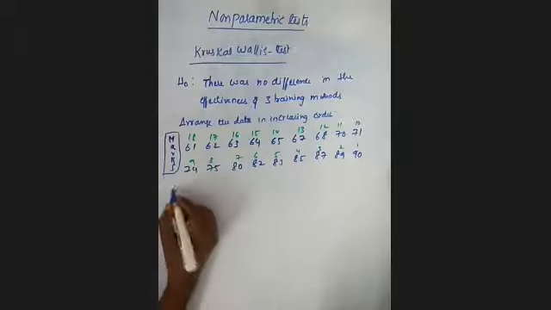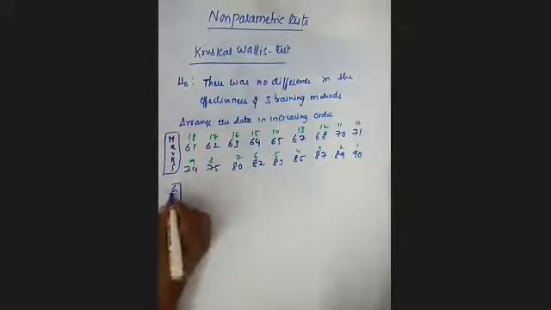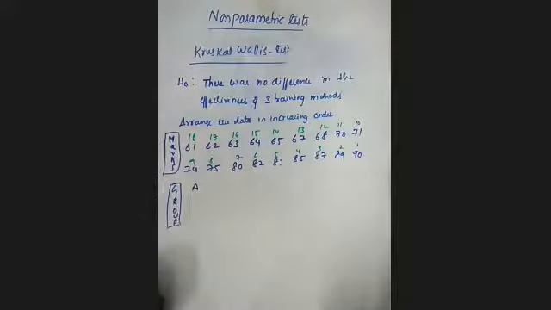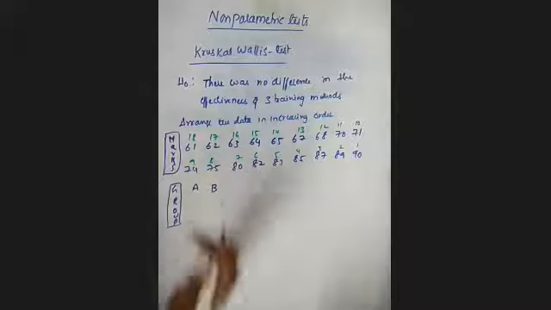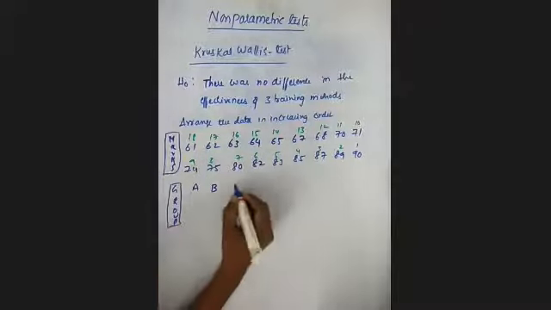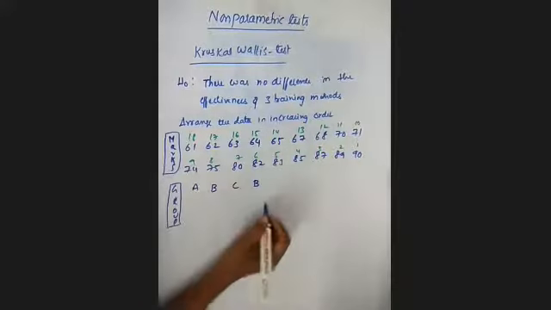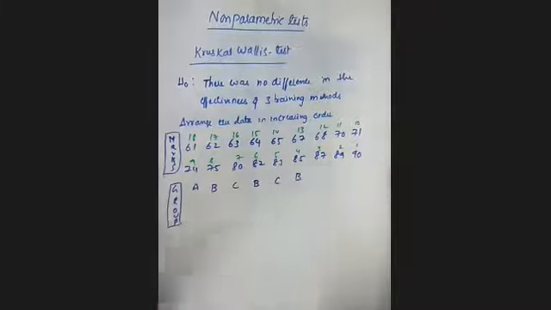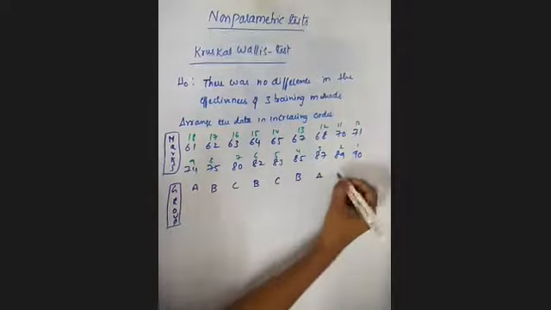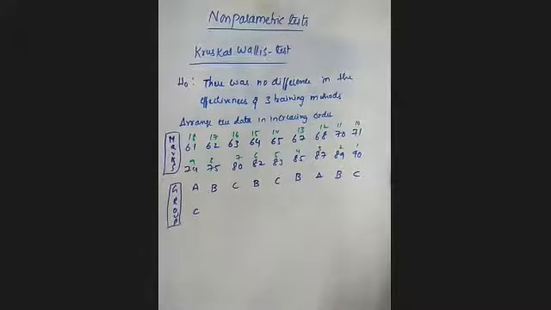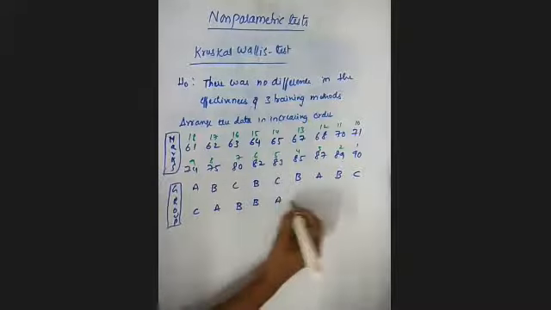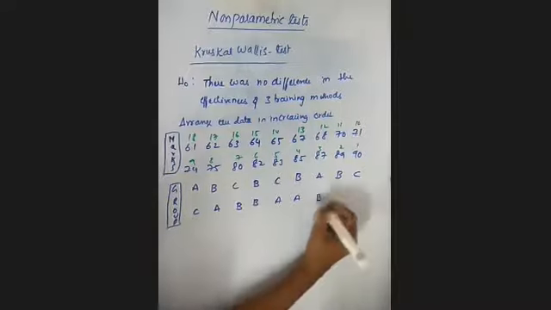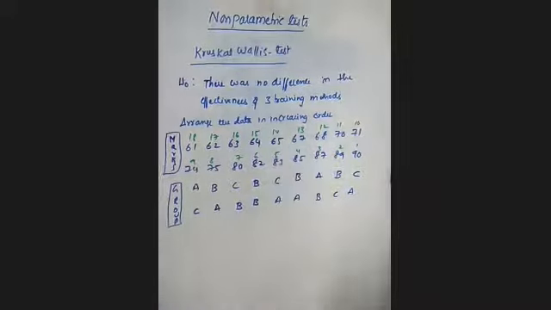Next, the group: 61 indicates group A, that means training method A. Next, 62 is group B, training method B. Next, this one is C. Like this we arrange it: B, C, B, A, B, C, C, A, B, B, A. We have arranged the groups according to their ranks.